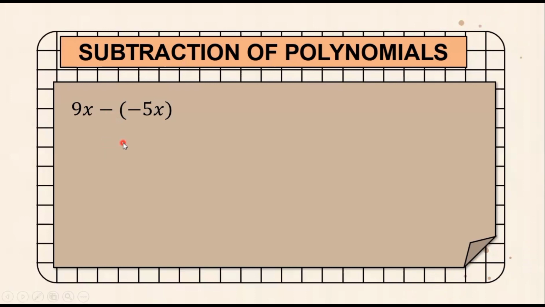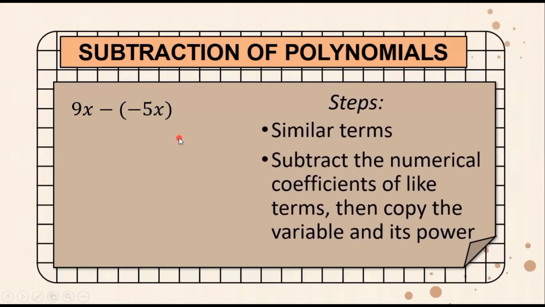And then change the sign of the subtrahend. That is negative 5x, it will become positive 5x. So we have, they are similar terms. Why? Because we have the same variable containing the same power or exponent. Okay, so magiging ang sagot dyan is 14x.